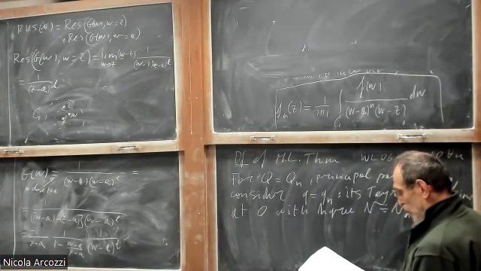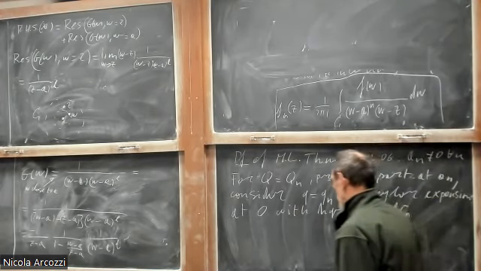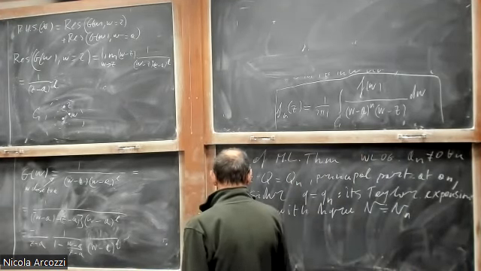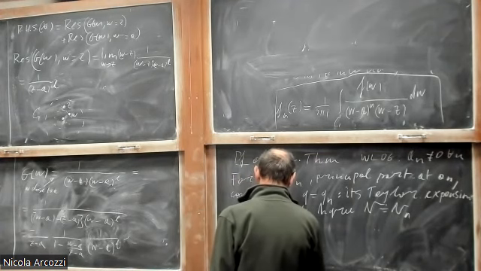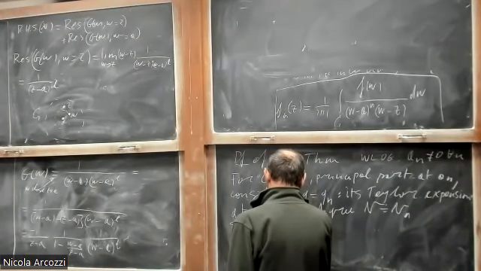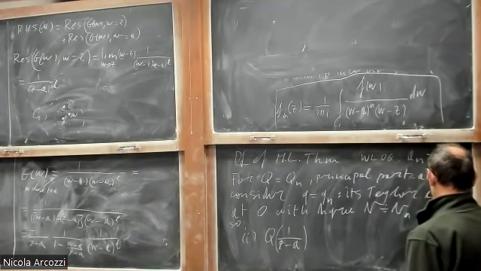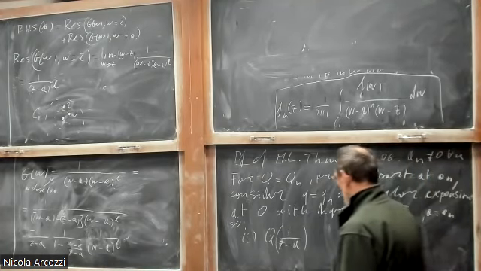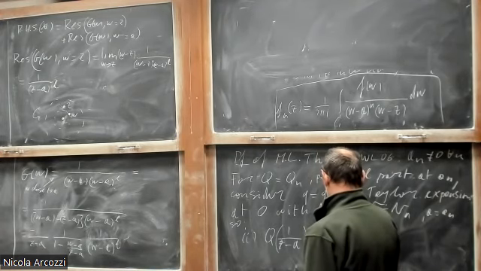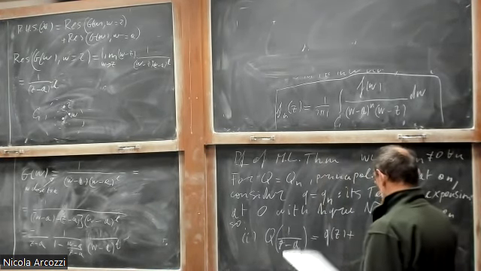So what we have from the lemma is that when we consider Q of 1 minus Z minus A, here A is equal to AN, it is equal to Q of delta plus a remainder.